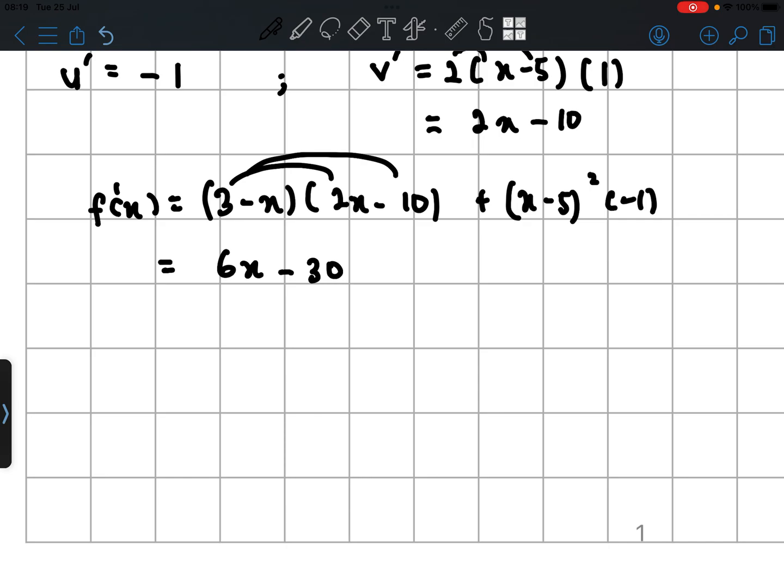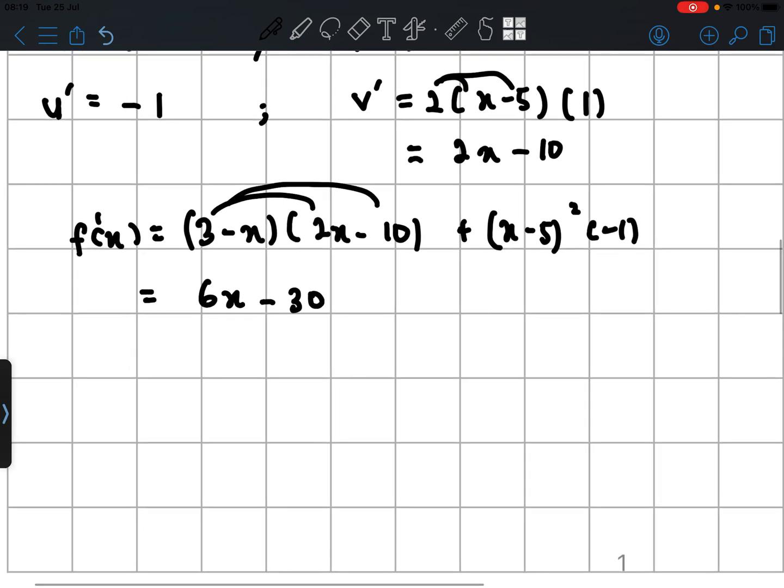This times this is minus 4x, minus 2x squared. This times that is plus 10x.